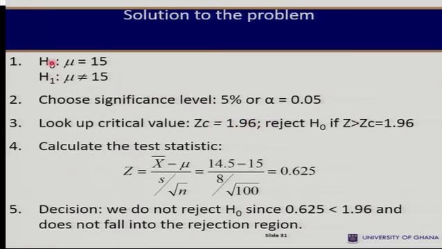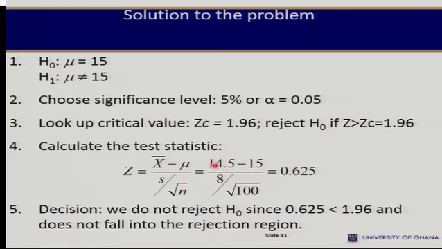So you state that the null is mu equal to 15. The alternative is mu not equal to 15. At a 5% significance level, our critical value is 1.96. So we will reject the null if the computed statistic is greater than the critical value of 1.96. Now, our test statistic is computed using the information.